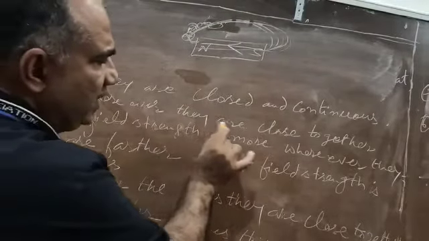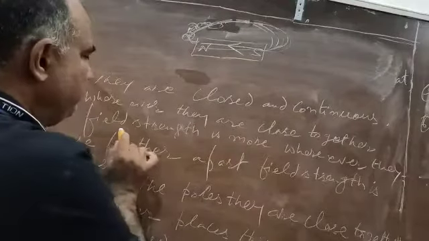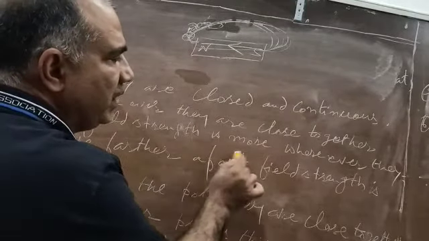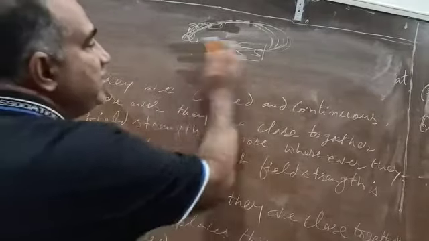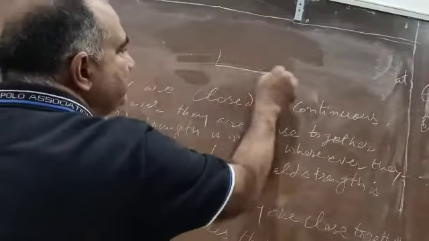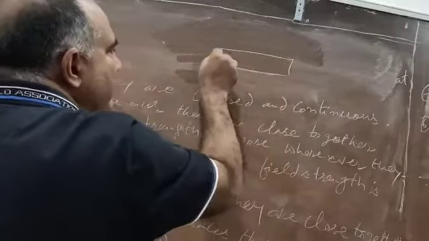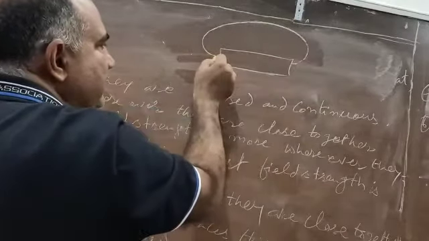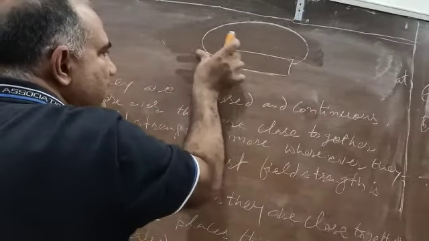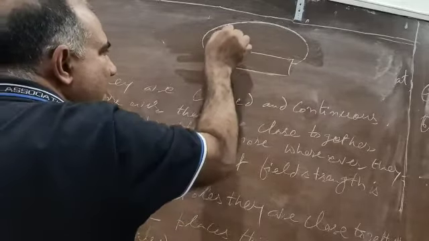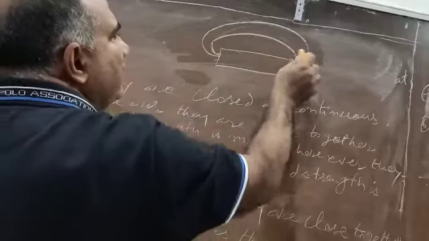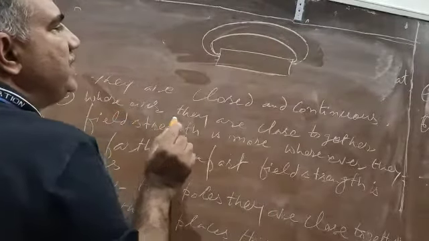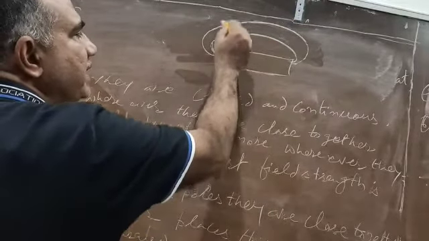Wherever they are closer together, the field strength is more, and wherever they are farther apart, the field strength is less. To explain this point, let me draw it here again. This is the magnet. A field line travels like this, another one will travel like this. Now at the poles, the distance between the two magnetic field lines is less.